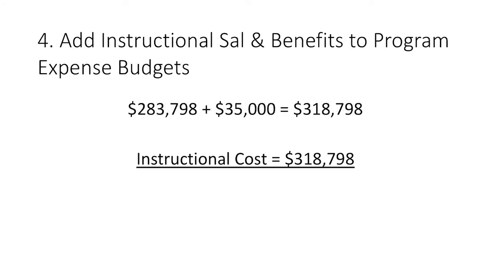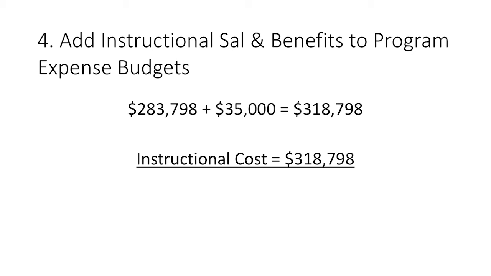We can now say that the total instructional cost for that department for a year is the instructional wages, $283,798, plus the program expense budget of $35,000, and we can then conclude pretty precisely that the instructional cost for that academic department for a year was $318,798.